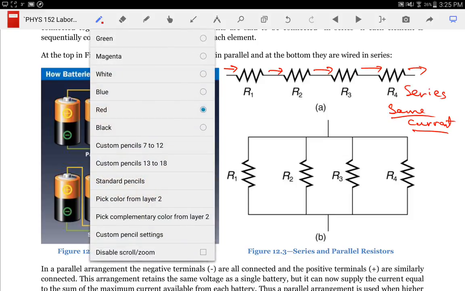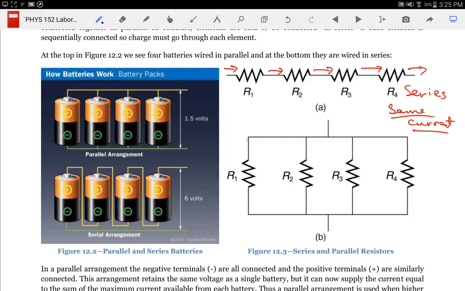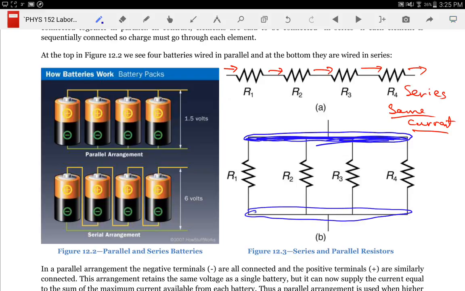The parallel, on the other hand, all of the tops are connected together, and all of the bottoms are connected together.